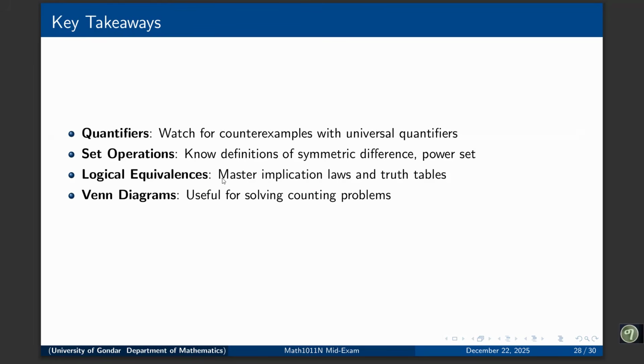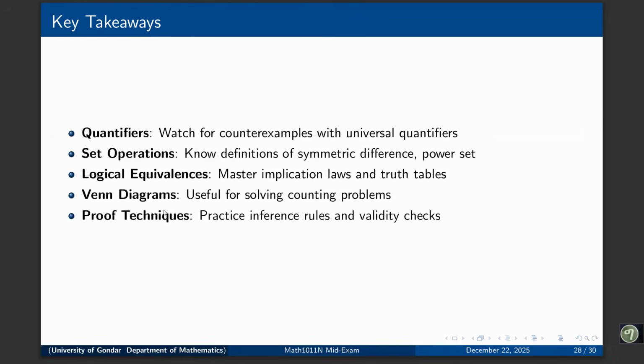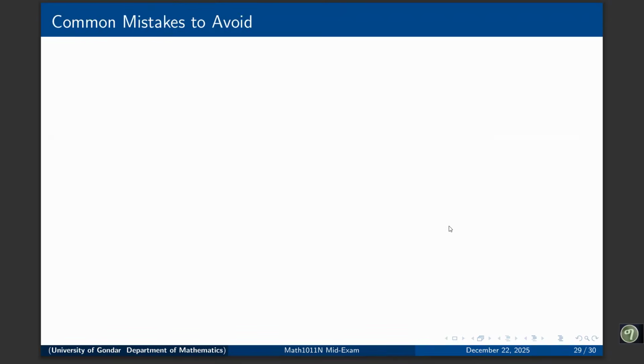In the case of logical equivalence, master implication laws and truth values. Venn diagrams, which are very important for the proof of problems related to set operations especially. And then proof techniques: practice inference rules and validity checks, just a second way of proving validity of an argument in addition to the truth table.